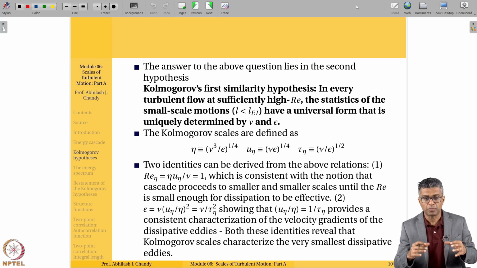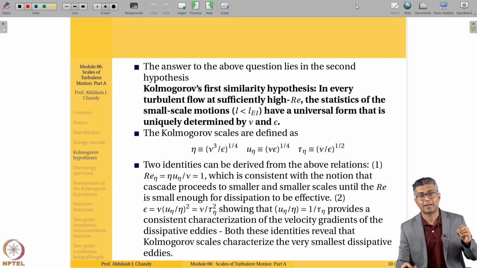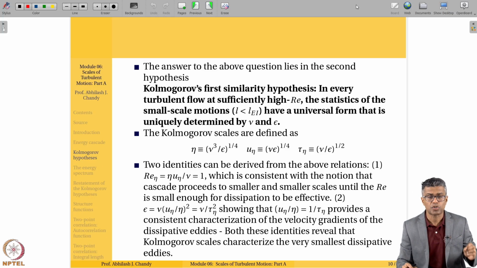Now, from these equations, you obtain that Re_eta, meaning the Reynolds number based on the Kolmogorov scale, is 1. So that basically indicates that the Reynolds number associated with the Kolmogorov scales is very small, right? Sort of the smallest natural number, 1.